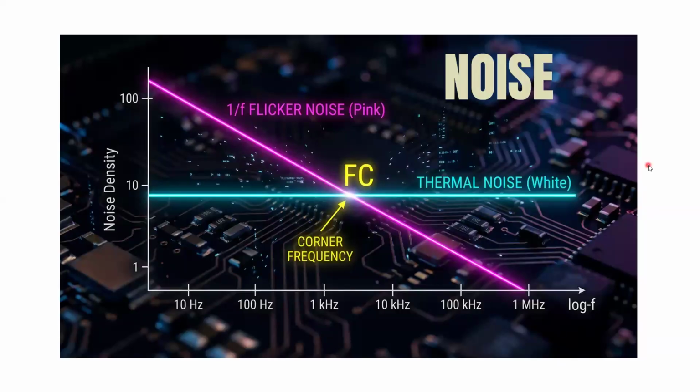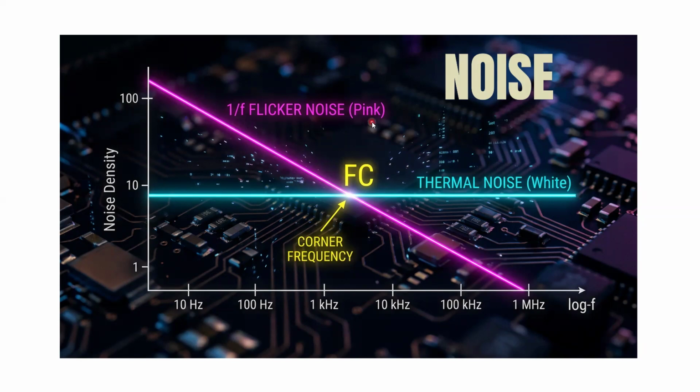All right, so here we are trying to understand noise in an electronic system. There are fundamentally two types of noise that dominate the performance of an electronic circuit or system. One is called 1 over f, or flicker noise.